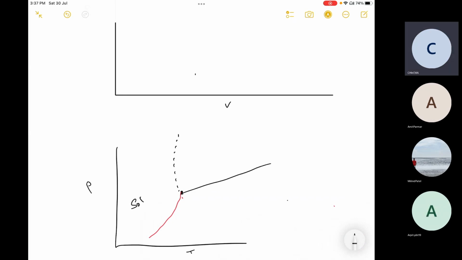We know this is solid, this is gas, and this is liquid. And what is this point?